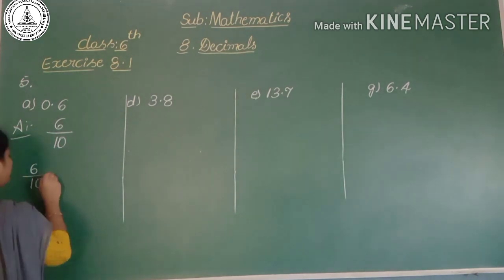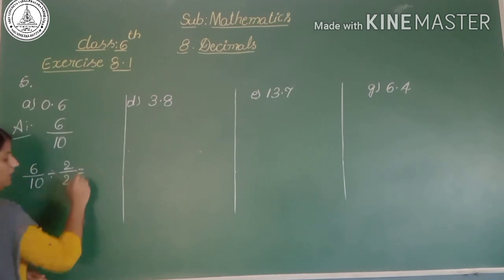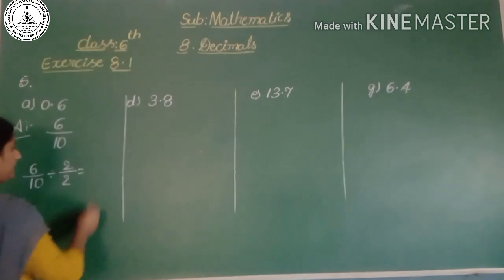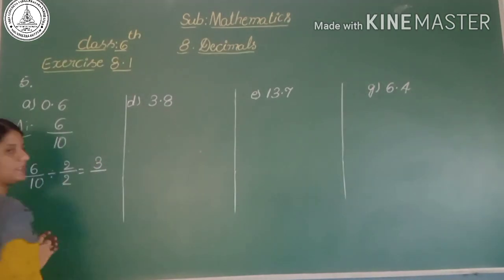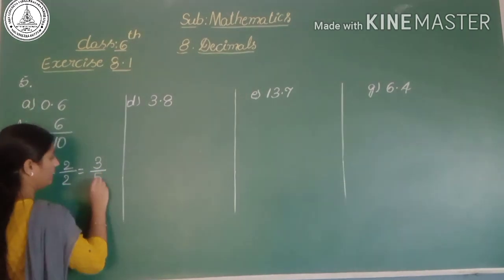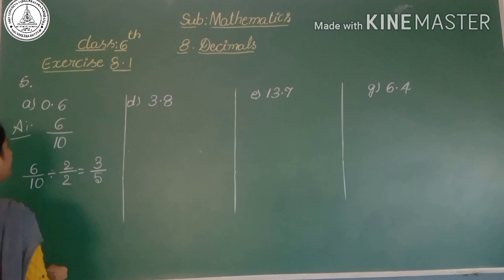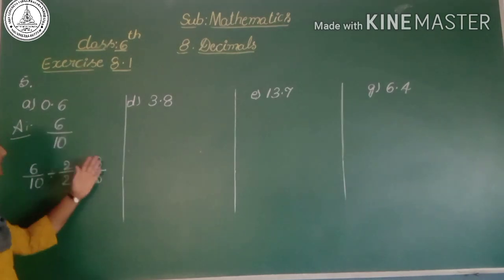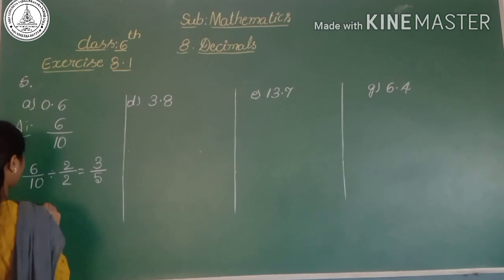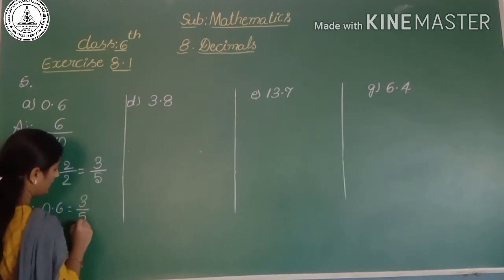Divide by 2. 2 how much are 6? 2 threes are 6. Then 2 how much are 10? 2 fives are 10. So the reduced form of 0.6 is 3 by 5. Therefore we can write 0.6 is equal to 3 by 5.